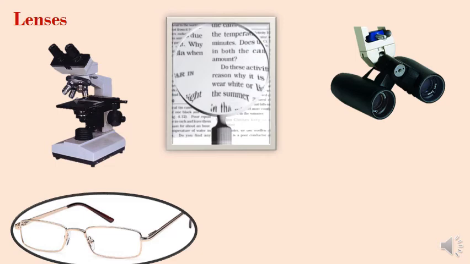So touch and feel the lenses. Can you find some difference by touching the edges? The lens which you feel thicker in the middle than at the edge is the convex lens, and the lens which is thinner in the middle and thick at the edges is the concave lens.